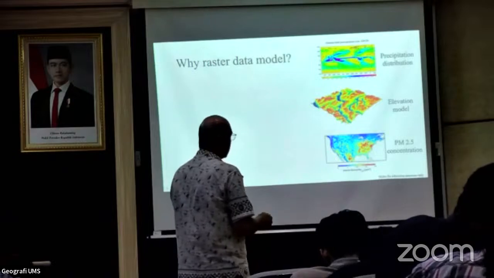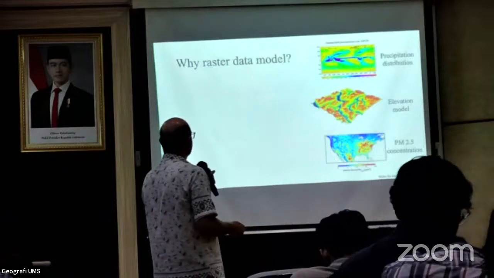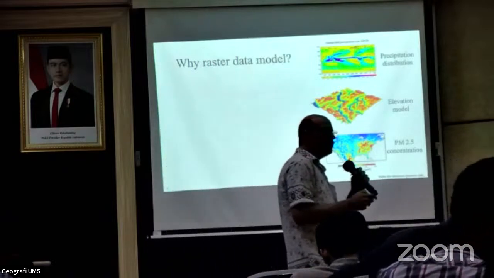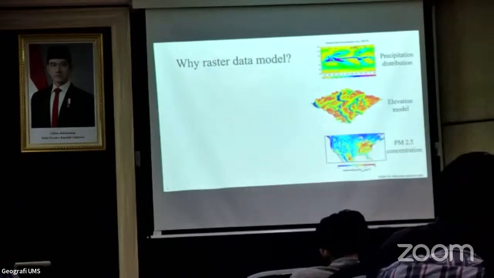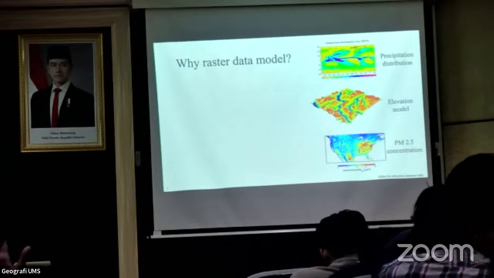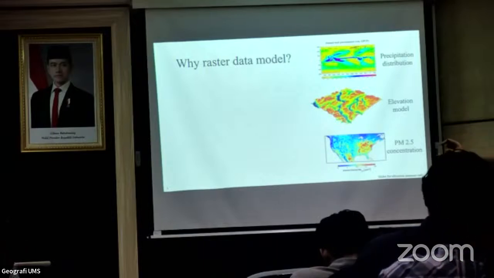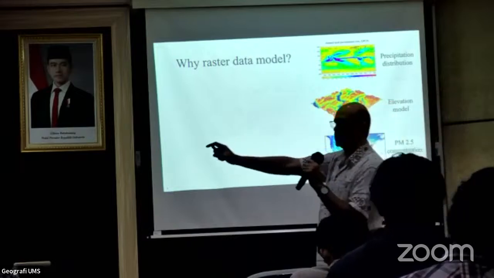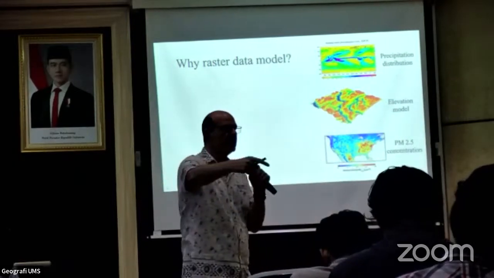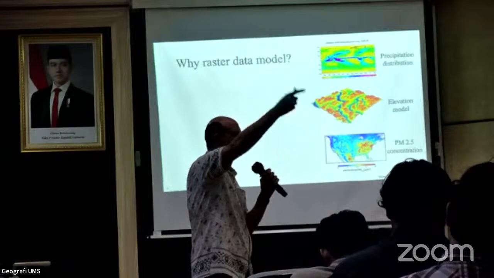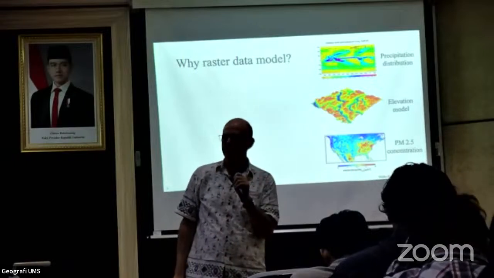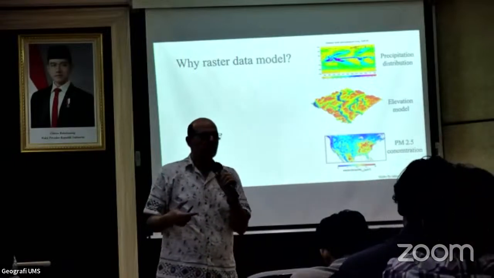So here we see precipitation distribution. And why do we need this sort of data? The vector data model is mostly used for discrete objects. Dr. Farah explained the discrete object. Not changing, it's standing. If a building is standing for 100 years, the same building is a discrete object. But what about rainfall?